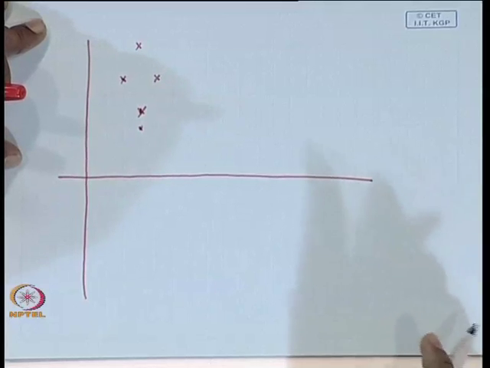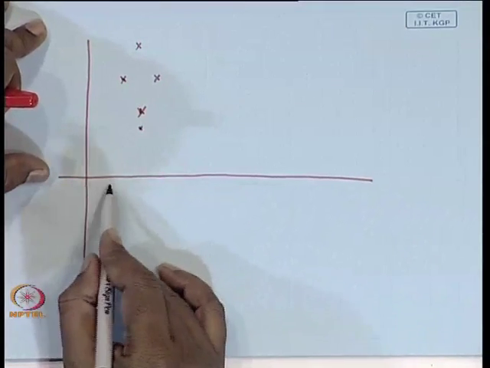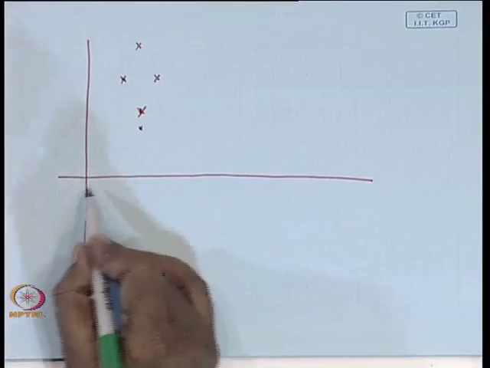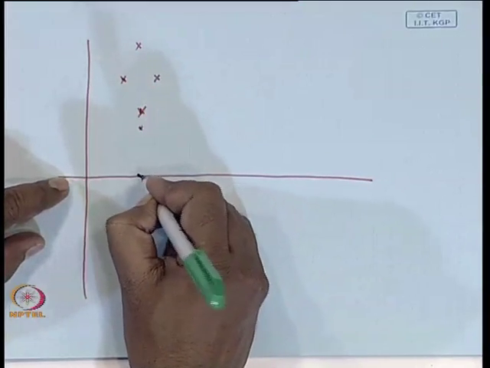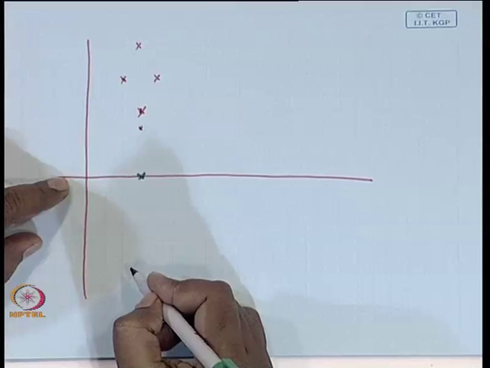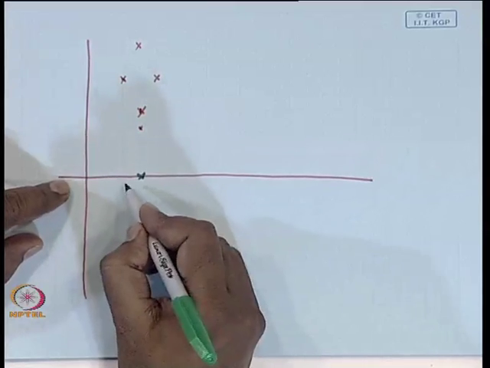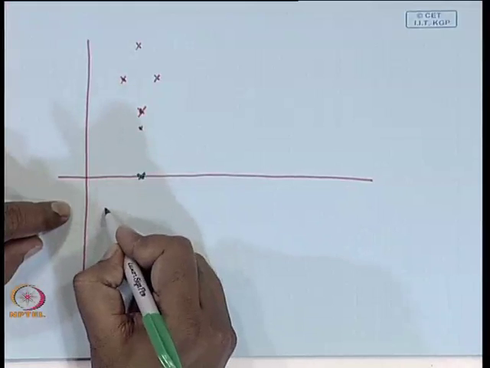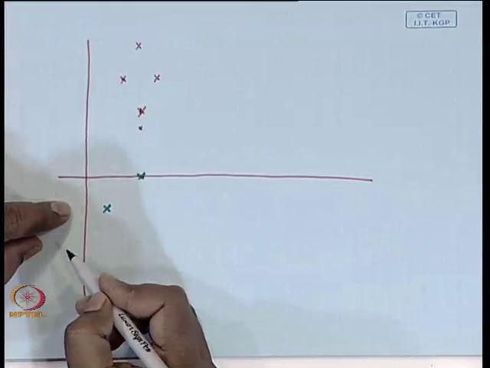Similarly, for omega 2, I have 3, 0. This is a point belonging to class omega 2. I have 1, minus 2, 1 is over here.